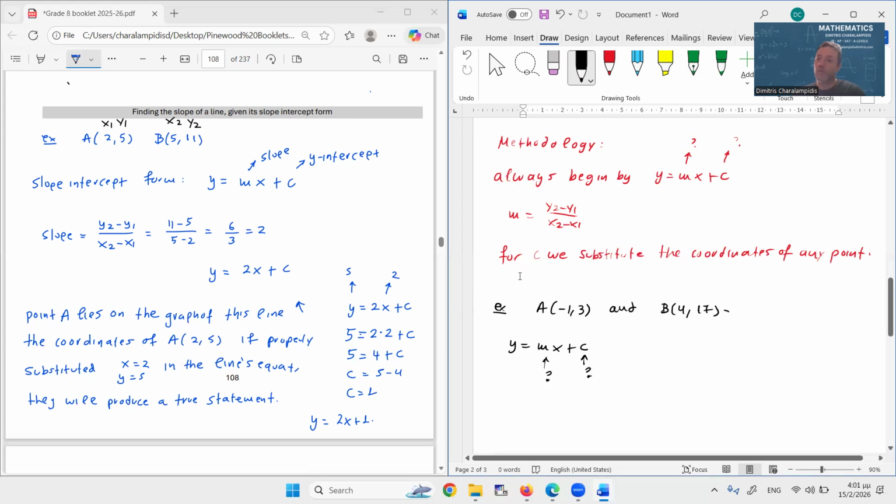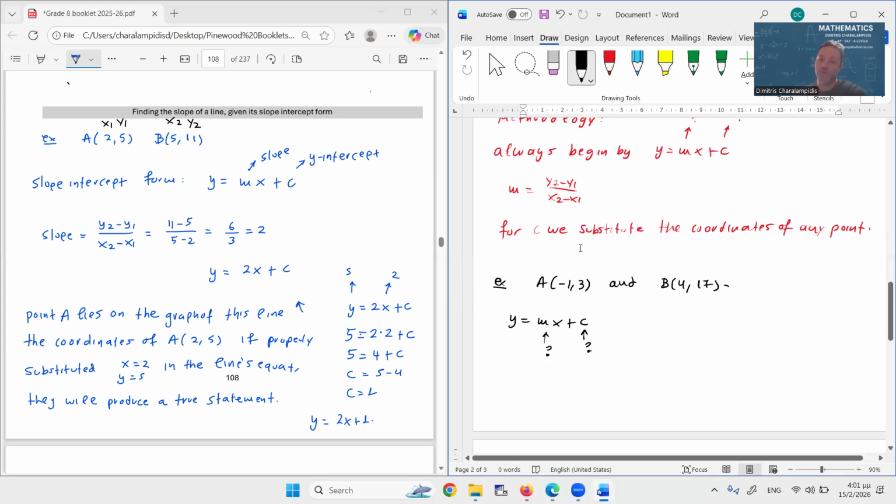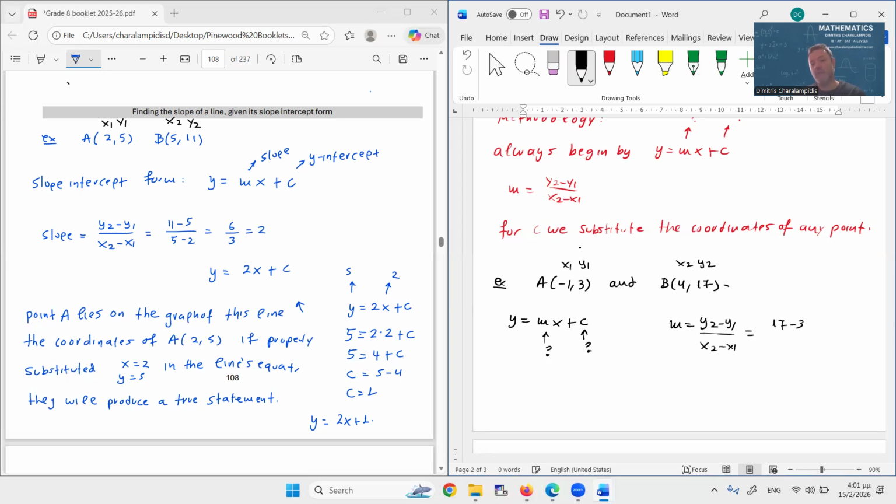How will I start? Always from the value of m, which is the slope and for which we have a specific formula: y2 minus y1 over x2 minus x1. Here, we should always assume that the coordinates of one of the points are x1, y1, and the others are x2, y2. In this case, it should be 17 minus 13 over 4 minus minus 1.